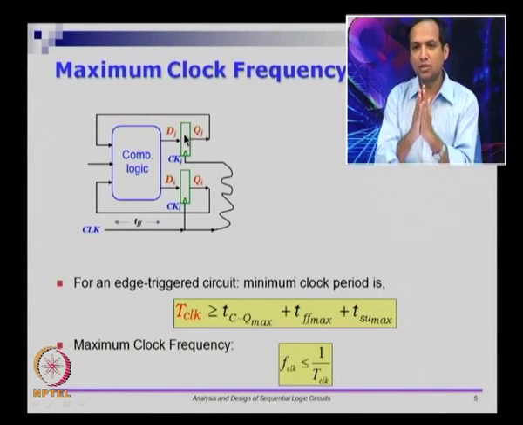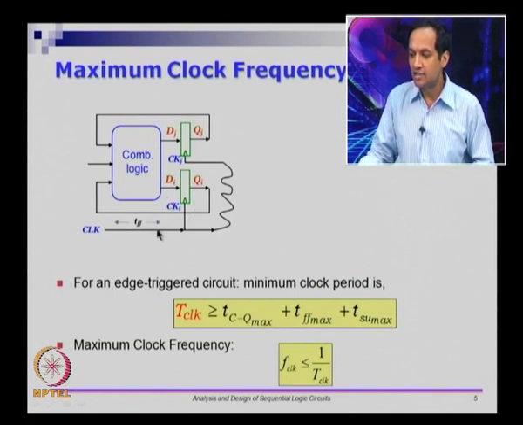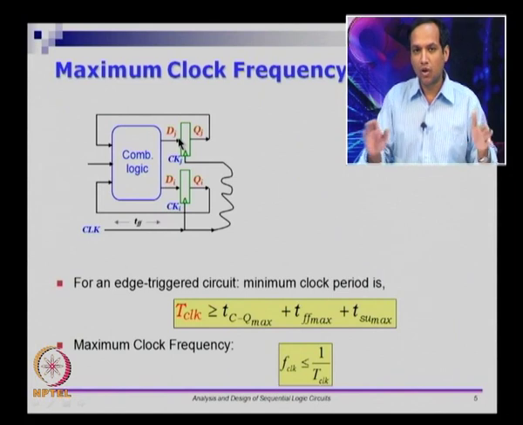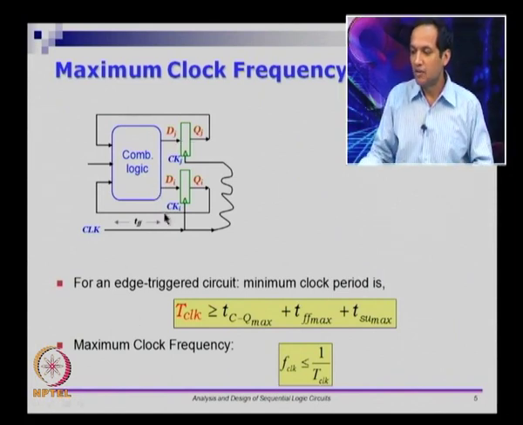If I add all of that together, any change in here will take at least so much time to appear here, which means my clock width should be greater than that. To get the current state to the next state, I need at least that much time accounted for. So I have to delay the clock pulse by at least that much, and that is why you have the greater than or equal to symbol here.